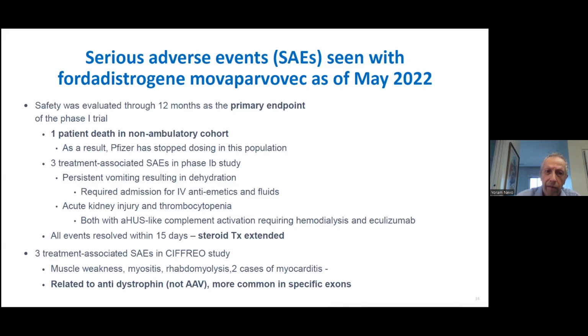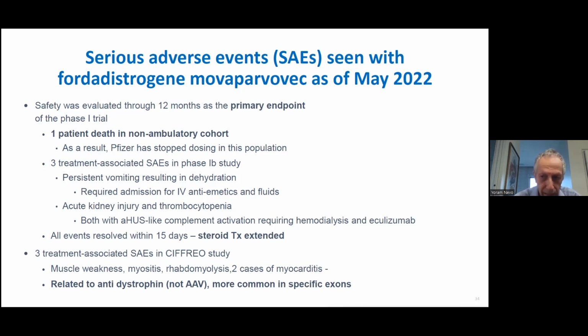If the first adverse events were related to antibodies to the virus itself, to the AAV, the second ones in phase 3 are probably related to antibodies to the dystrophin itself. And in most of these cases, they were for specific deletions.